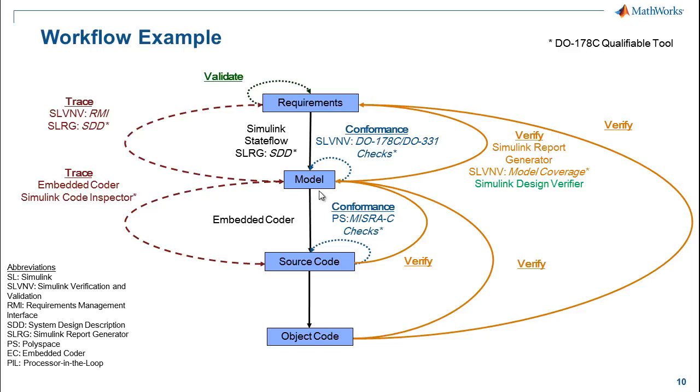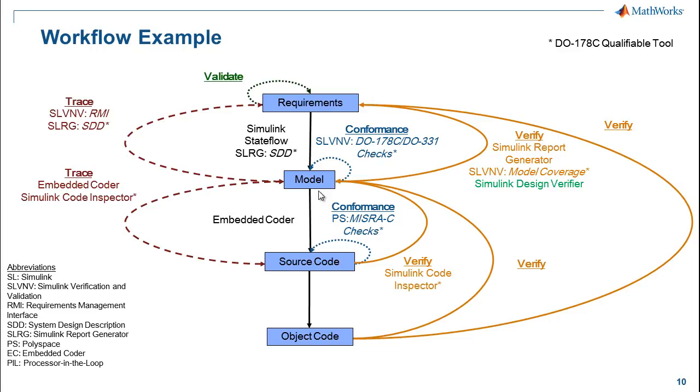Now, once we make sure that the code conforms to standards, the next step is verification of the source code against the model. Again, this is typically our code review process. And this is where Simulink Code Inspector comes in. Simulink Code Inspector is one of the MathWorks newer tools, and it's specifically designed to automate code reviews. It is essentially an independent check on the code generation tools.